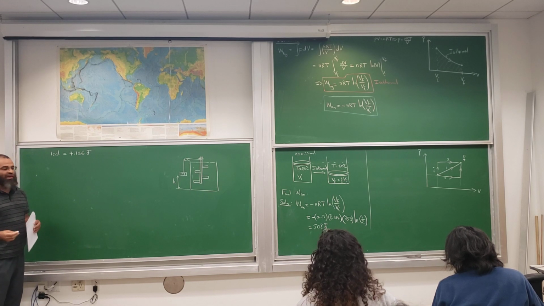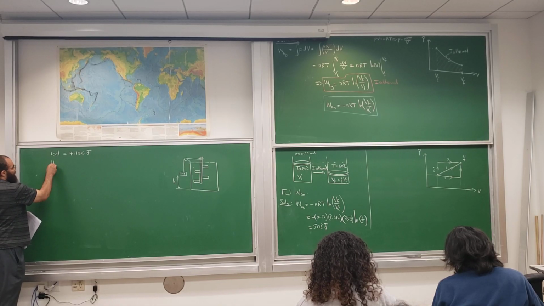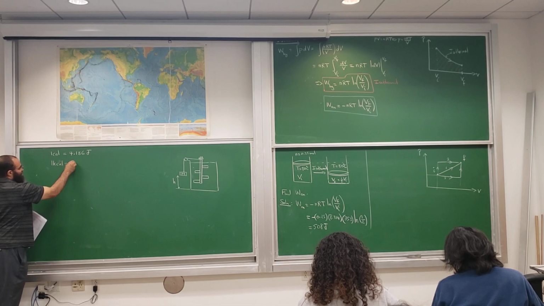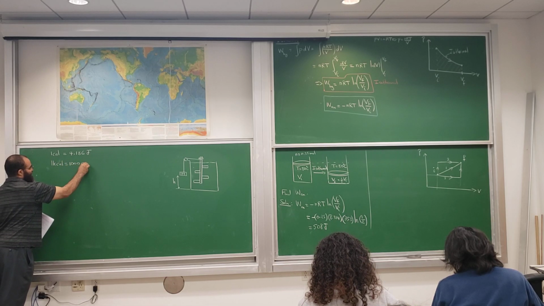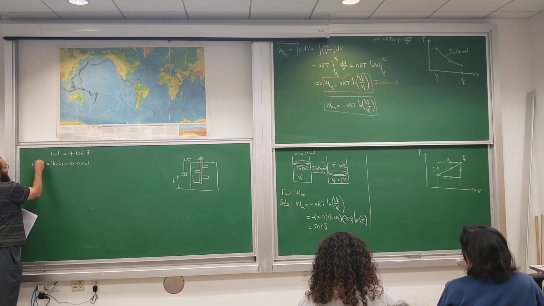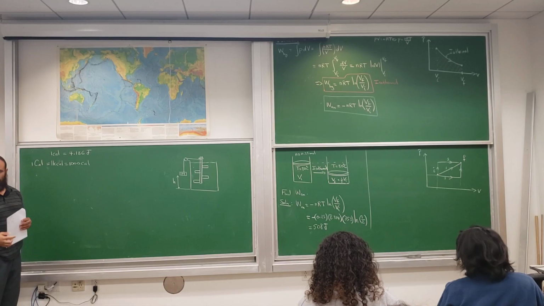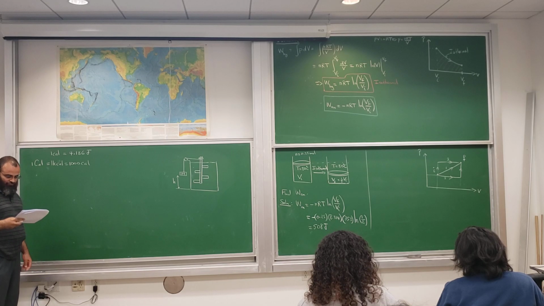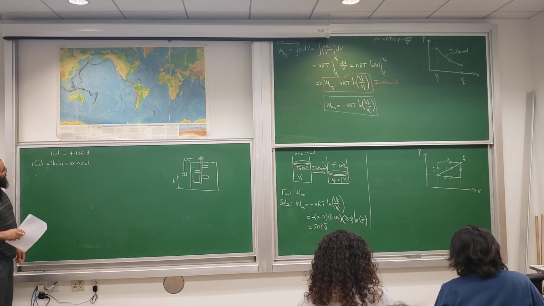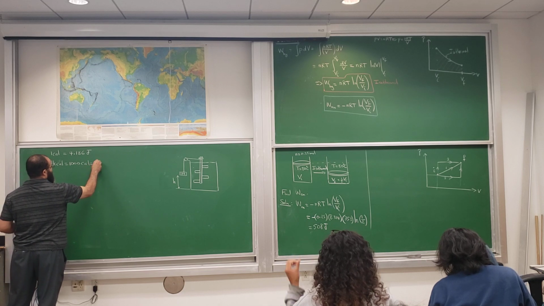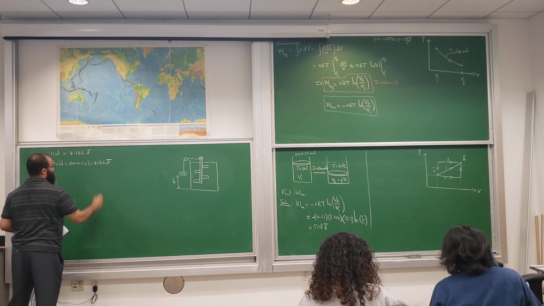Now there is the kilocalorie. 1 kilocalorie, which is 1,000 calories, is the same as 1 Calorie with a capital C. And 1,000 calories is, of course, 4,186 joules.